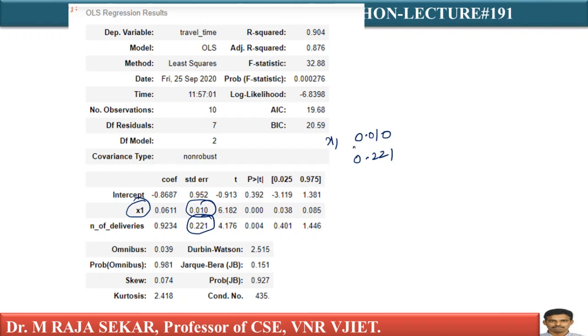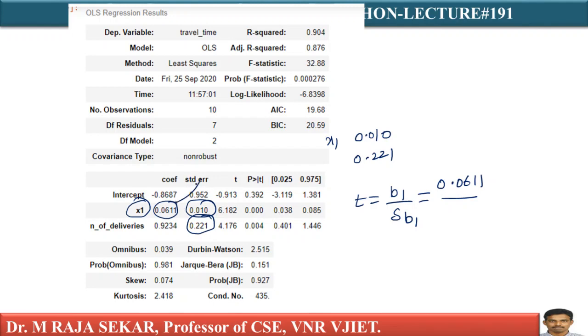How can I calculate the t value for my first variable? It is b1 by sb1. What is my b1? b1 is the coefficient for x1. What is the coefficient? 0.0611. And what is my sb1? sb1 is the standard error.